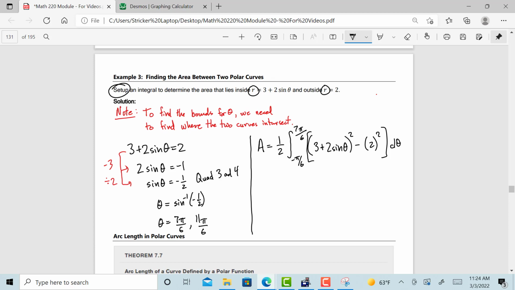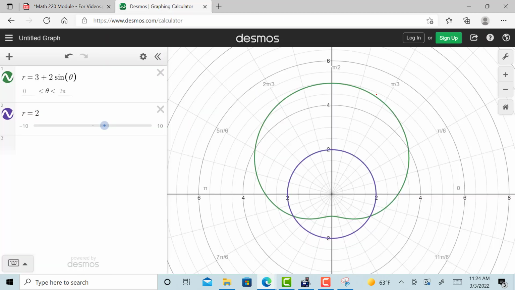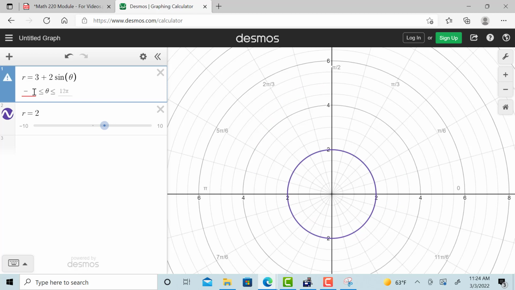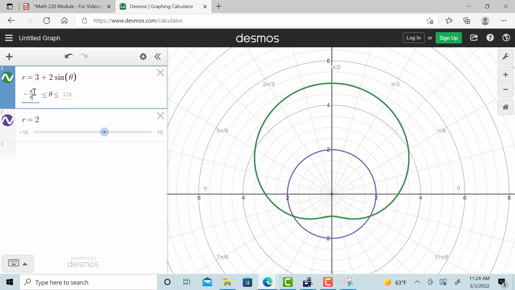And the other cool thing we can do here is just to confirm, we can go ahead and change our bounds, to make sure that we're getting the right amount here. Let's change our lower bound here to negative pi over 6.